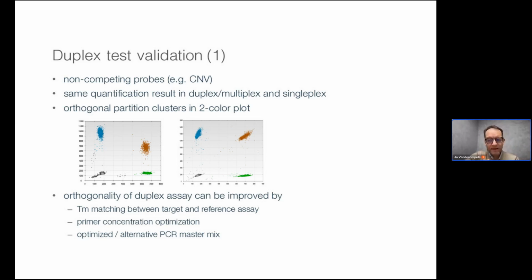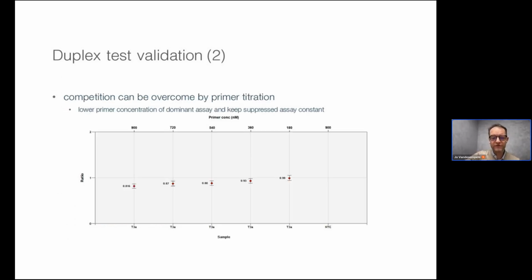Just to give you one example that you can play with primer concentrations, this is an assay in which we expected a copy number ratio of 1. It's clearly below 1, so there was a dominant and a permissive or slave assay, I would say. Well, here we reduced the primer concentration of the dominant assay from 900 down to 100 nanomolar, and you see that we approach the expected ratio of 1 by playing with primer concentrations.